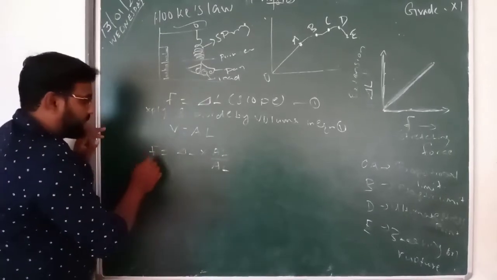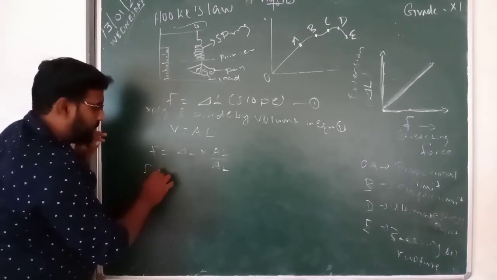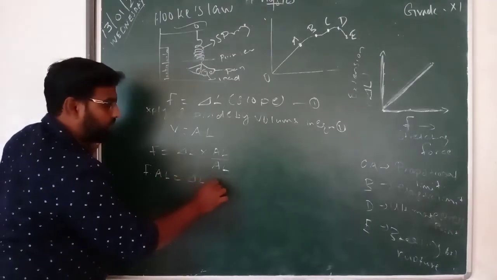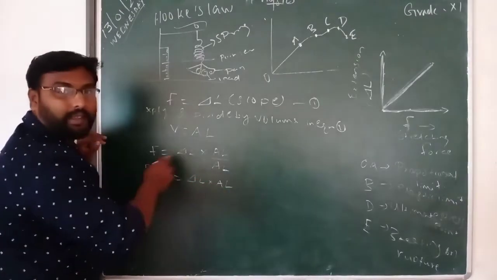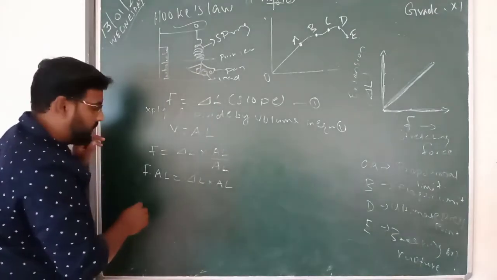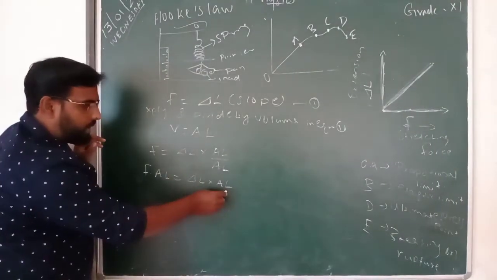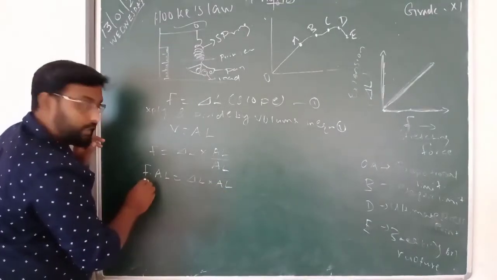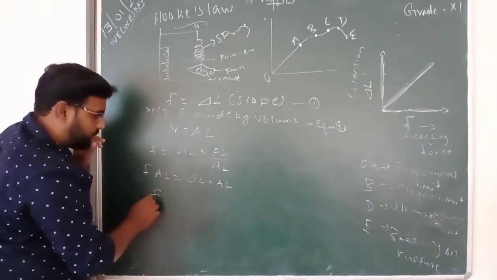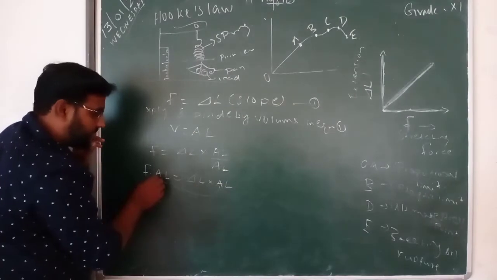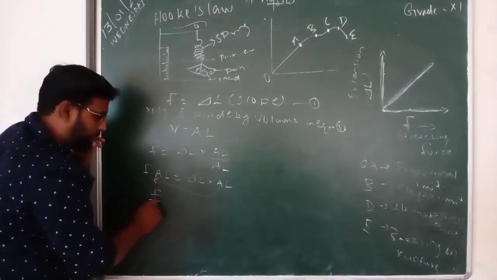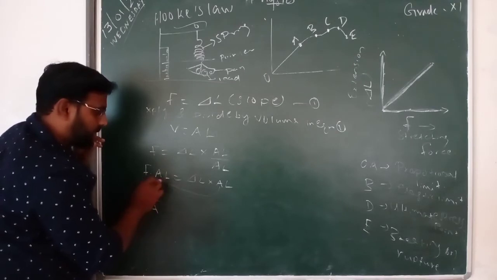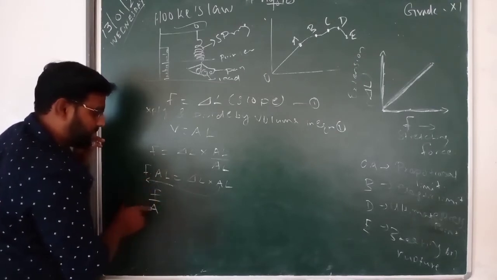Now take this AL to this side: F into AL equals delta L into AL. Now just rearranging this equation, this A you keep down, this L you bring down, and this A you bring to this side.